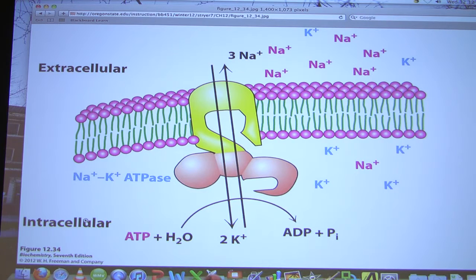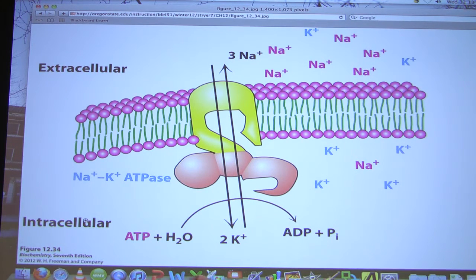And the reason energy is required for the movement, and this is something you're going to want to write down, is because at least one molecule is being moved against a concentration gradient. So active transport is a phenomenon that occurs across membranes when at least one molecule is moved against a concentration gradient.